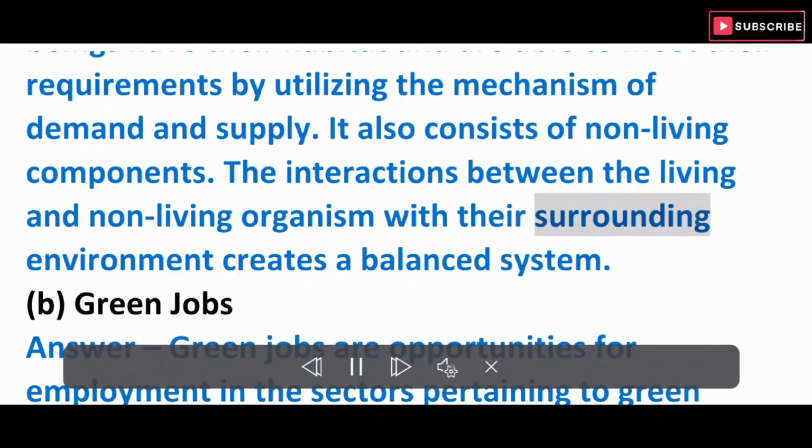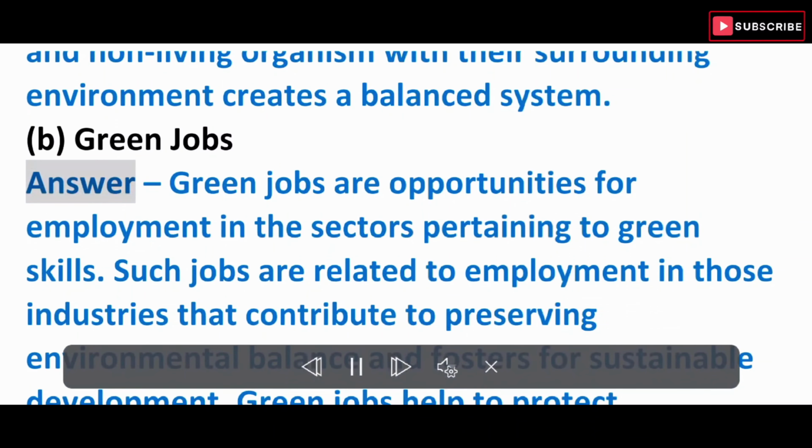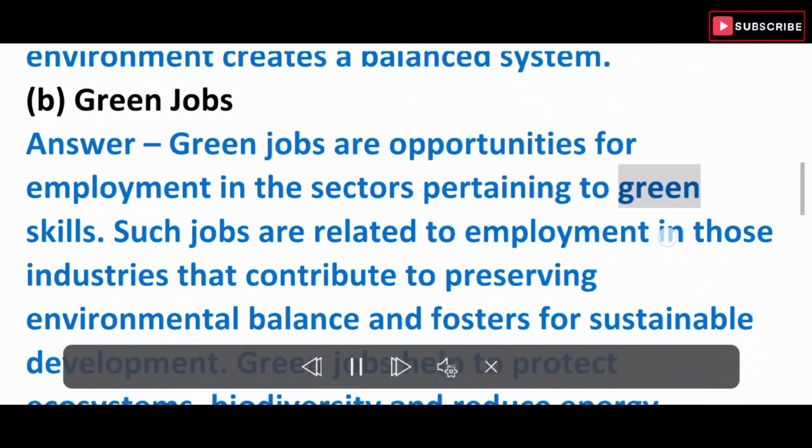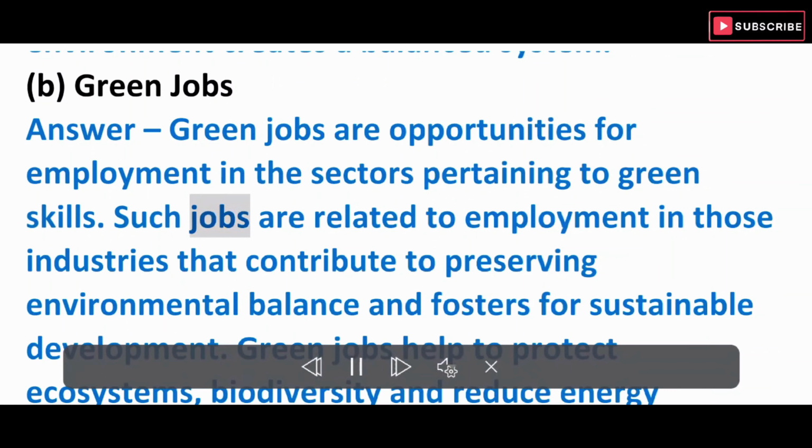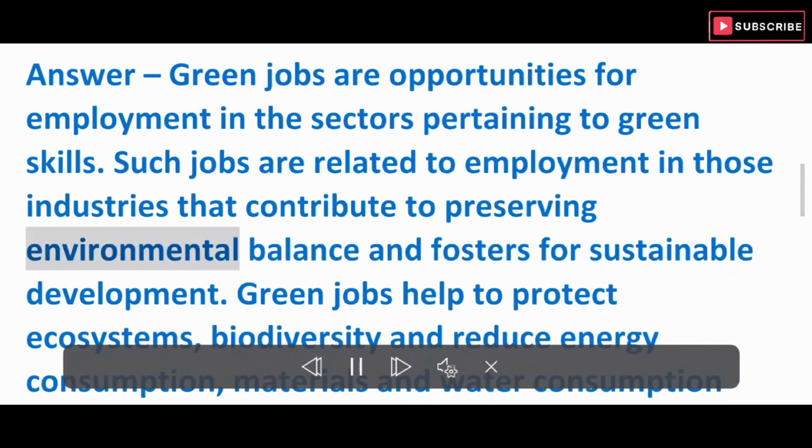B. Green jobs. Answer. Green jobs are opportunities for employment in the sectors pertaining to green skills. Such jobs are related to employment in those industries that contribute to preserving environmental balance and foster sustainable development.